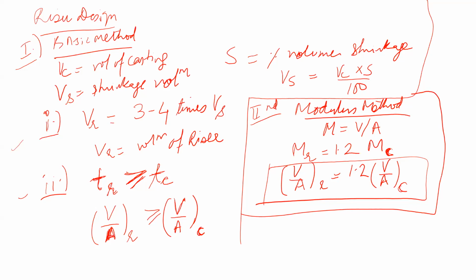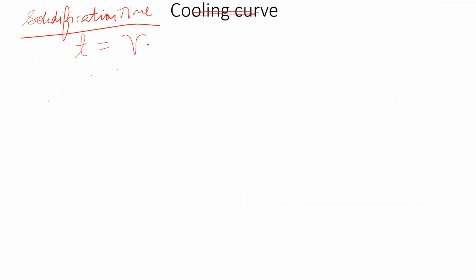Next we will see solidification time, not the cooling curve, but solidification time. Solidification time T is gamma times V by A whole square.